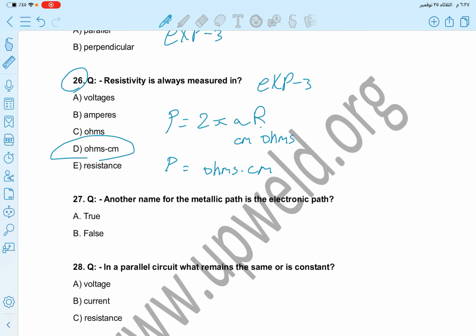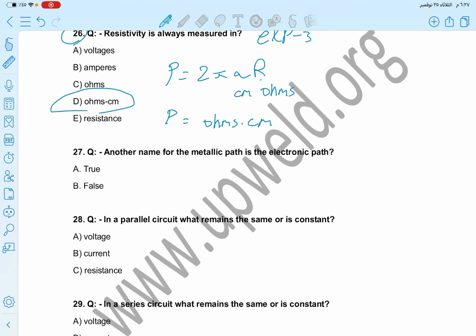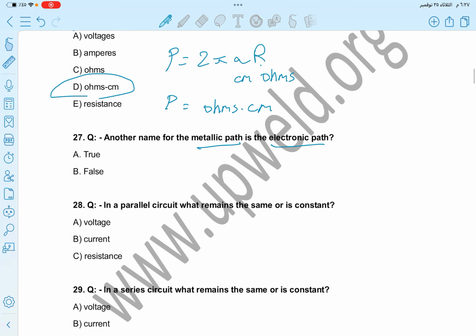This terminology, another name for the metallic path, is electronic path. We already have this one, because I said we have the main components to allow current to take place, which are anode, cathode, electrolyte, which is the soil or water, whatever, and metallic path or electronic path.